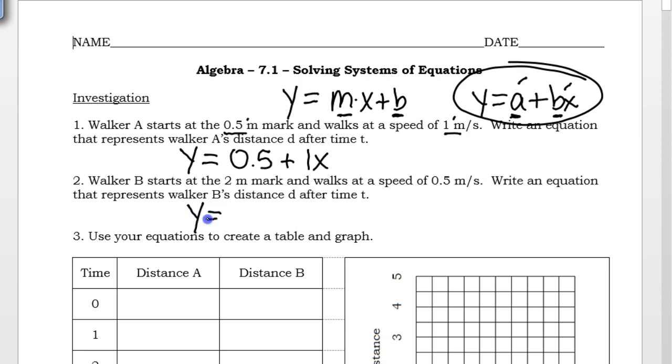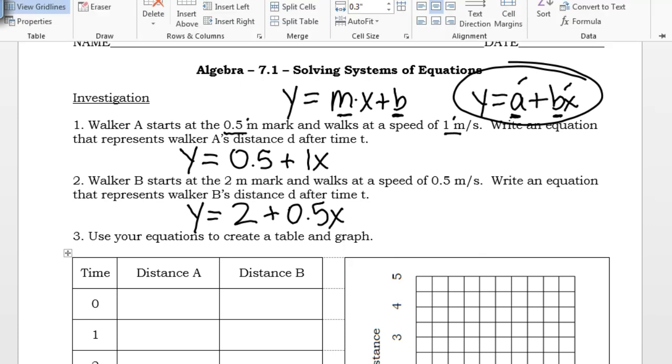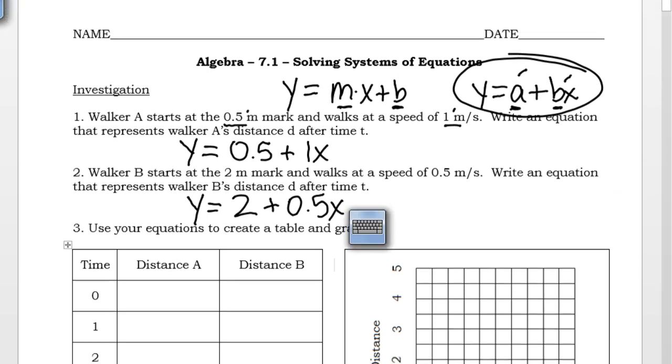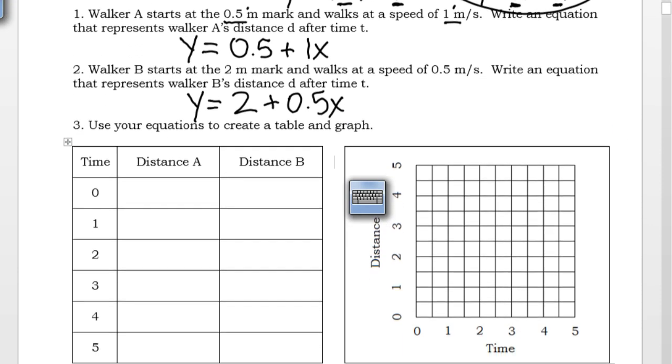Number 2 says Walker B starts at the 2 meter mark and walks at a speed of 0.5 meters per second. So I have those equations written. I can use the equations to complete this table.